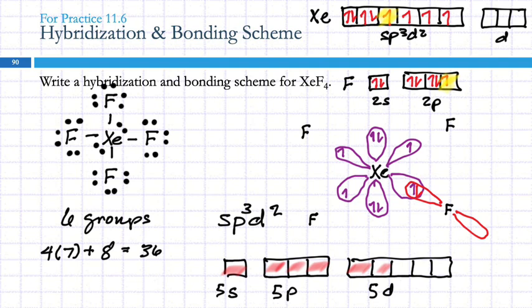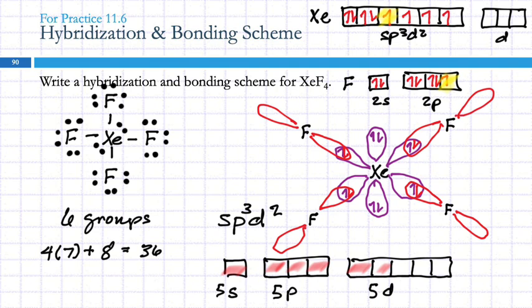And so each of these fluorines takes its one half-filled orbital and overlaps with xenon's half-filled hybrid orbital. Any questions?